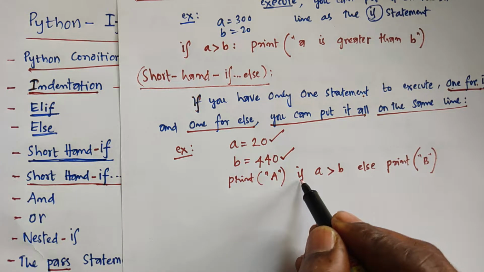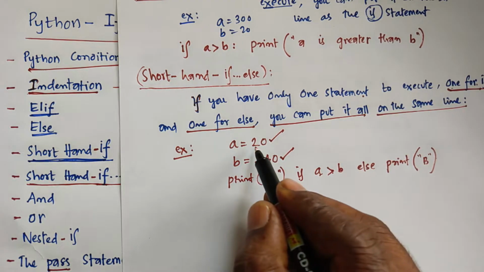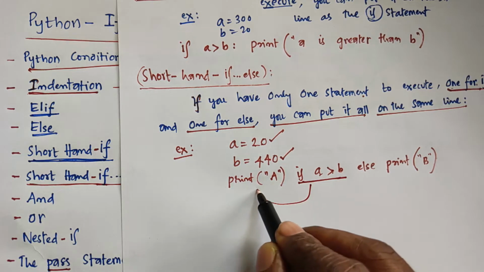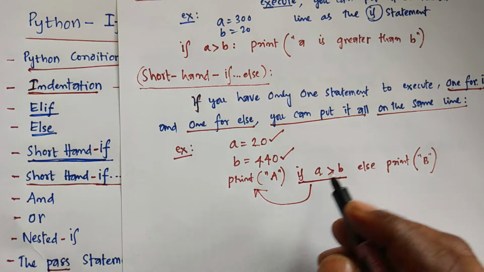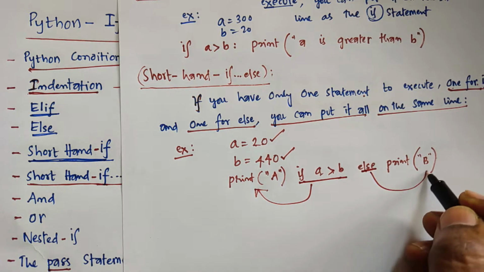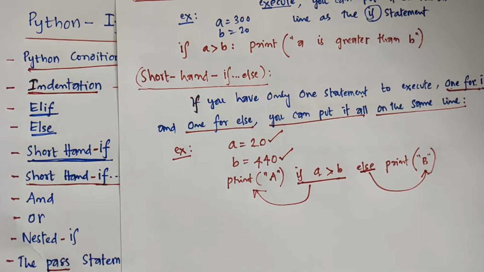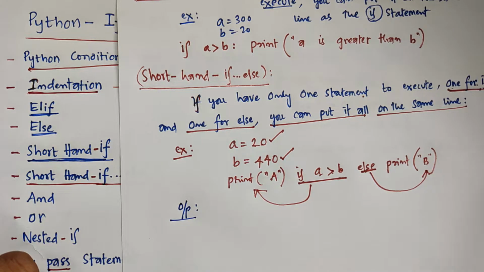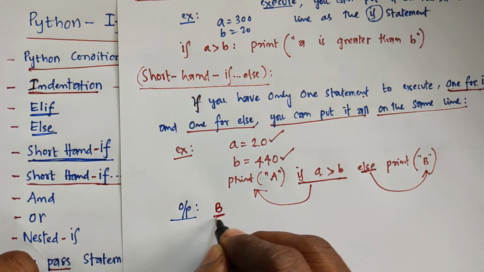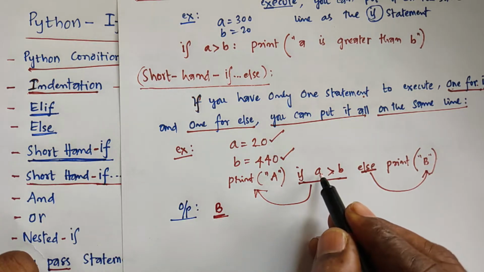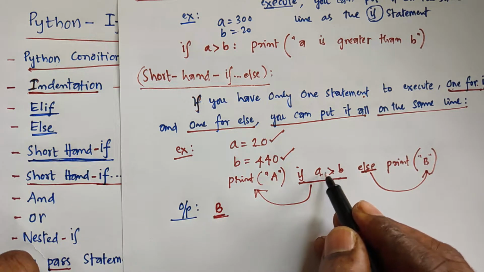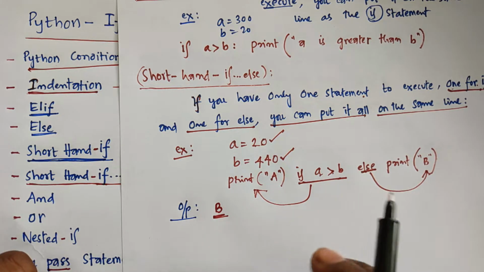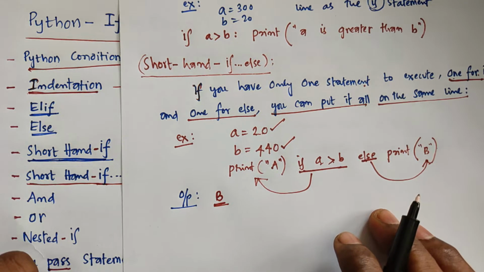Now I am writing: if A is greater than B, if the condition is satisfied, you follow that and print A, else print B. For execution of this line, the output you will get is B. Why? Because A value is 20, B value is 440, so A is less than B. If the condition is satisfied, you will get A. That is the difference between these.